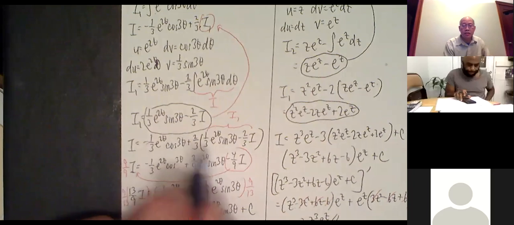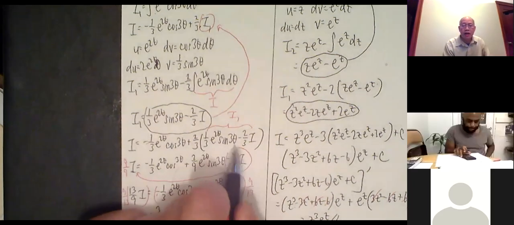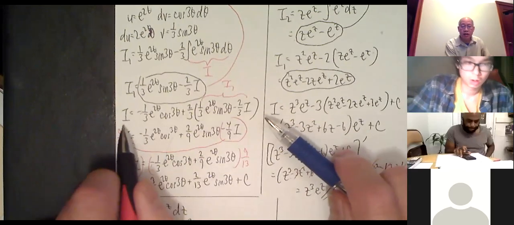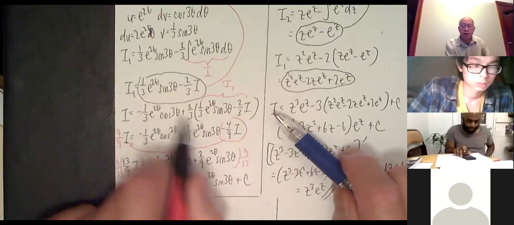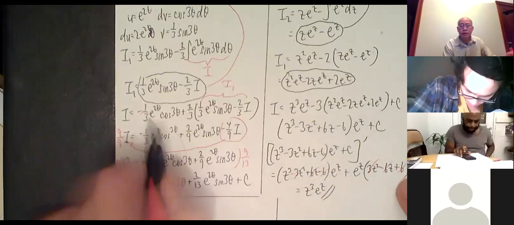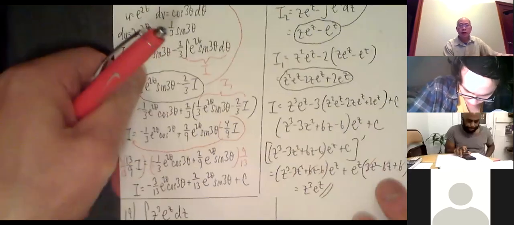And I plug in all this stuff. 1/3 e to the 2 theta sine of 3 theta minus 2/3 of I. Okay, and now I just algebraically solve for I. There's an I here, there's an I here. Clean up the algebra and trig, and I solve for I. Okay, I know that's kind of weird.